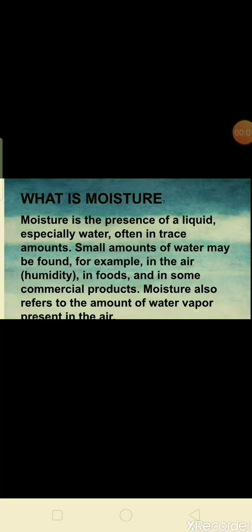Moisture in the atmosphere exists in solid, liquid, and gaseous states. The amount of moisture present in the air varies from place to place and from time to time. The air in the equatorial region has more moisture than other regions of the world.